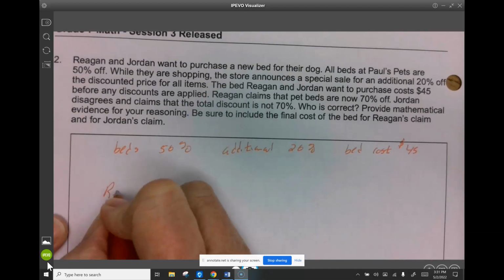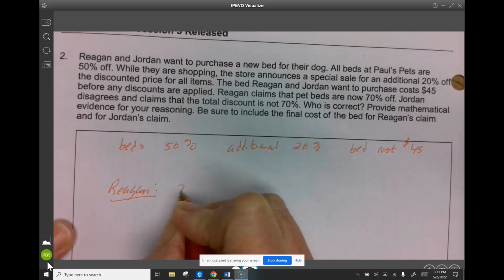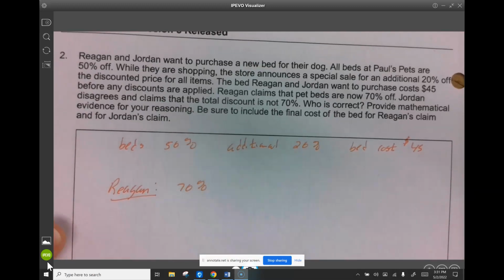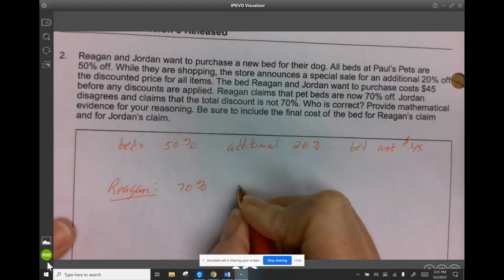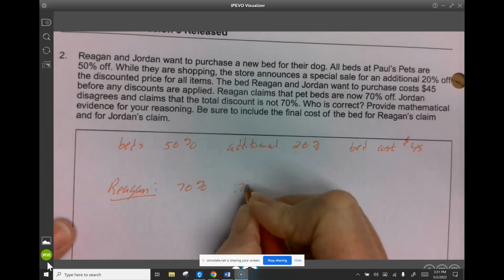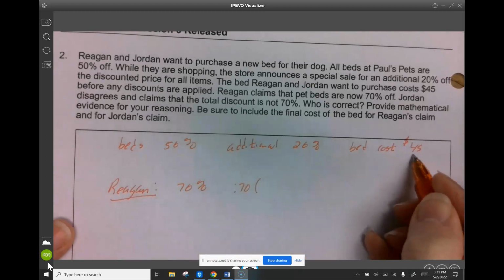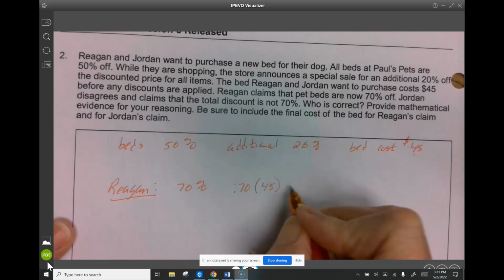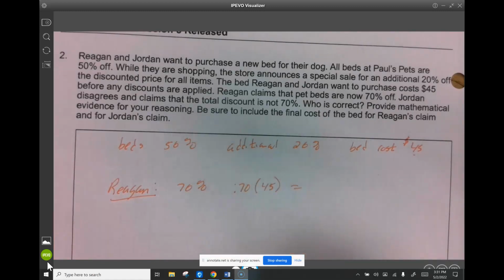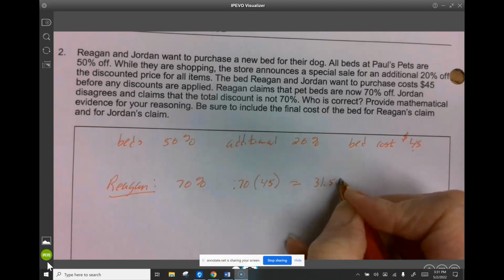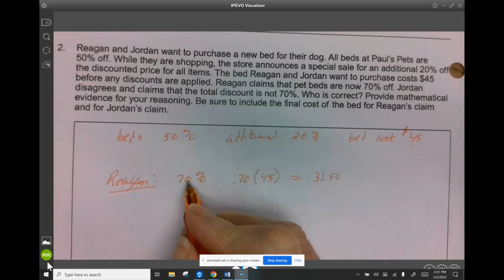We have Reagan, and she says that it's 70% off. So let's take 70% off. That'd be 0.70 times $45. That's our cost. So 0.7 times 45 gives us $31.50. Now, this is how much off.